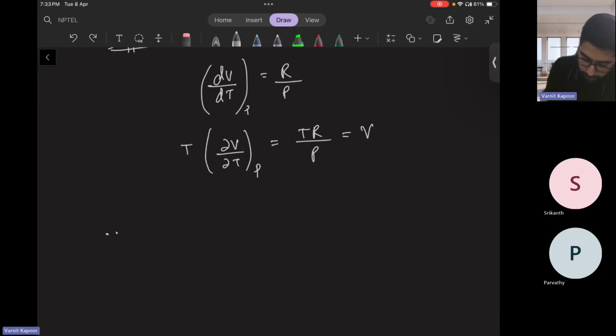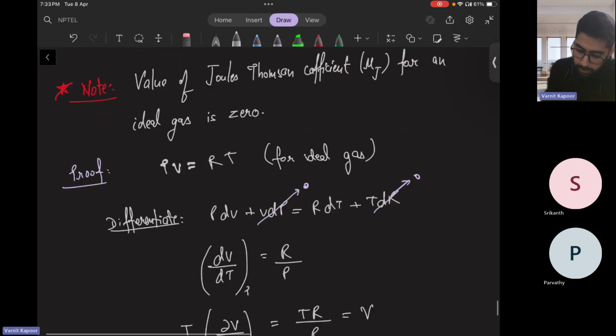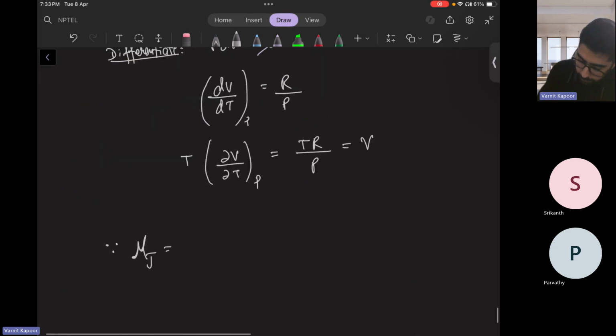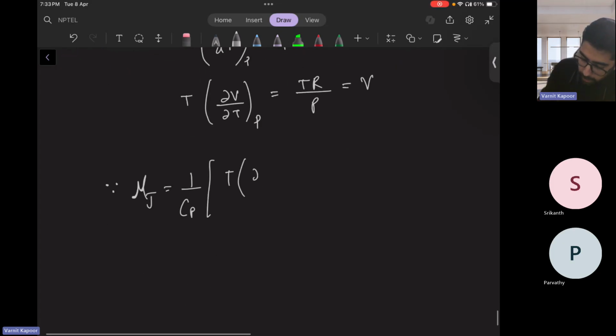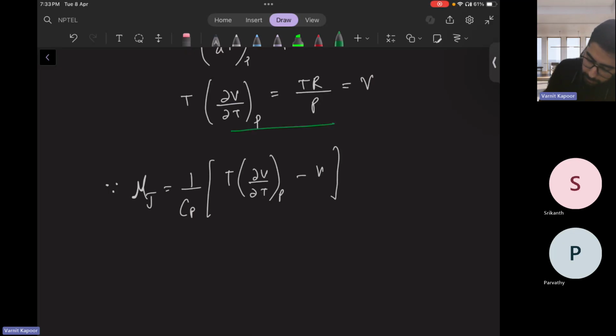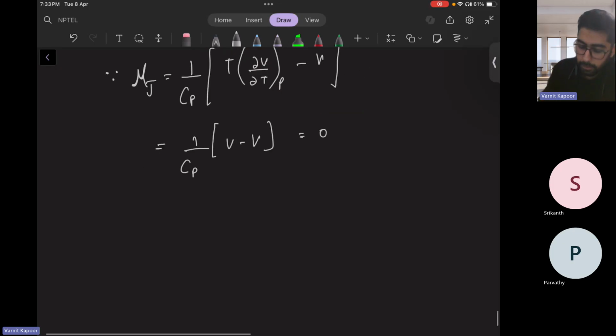Since mu j is nothing but, we have derived the expression of mu j as 1 by Cp (T dou V by dou T at constant pressure minus V). Put this expression here. So that is 1 by Cp (V minus V), 0. Hence proved. Mu j is 0 for an ideal gas.